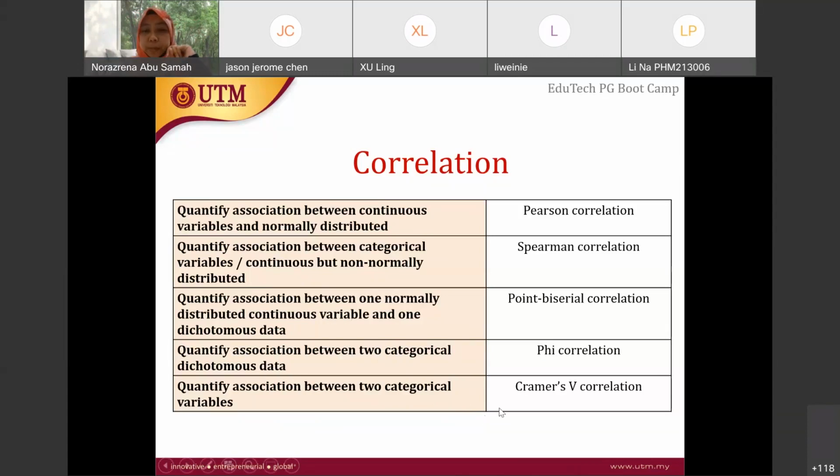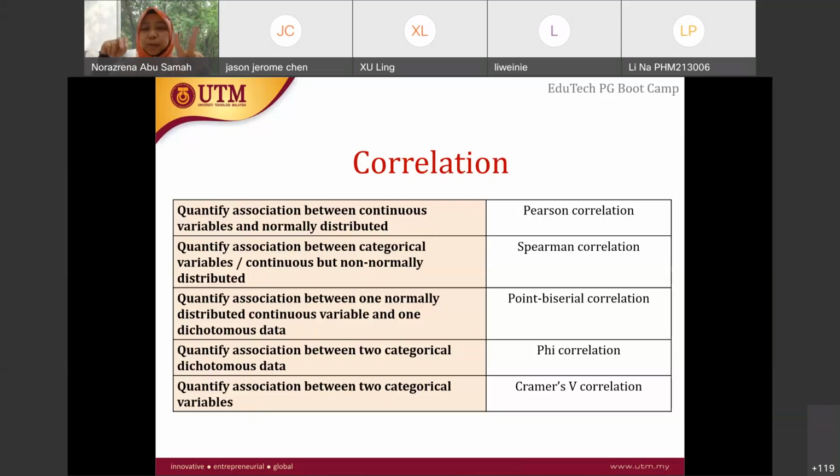For Cramer's V, it is for more than two, let's say 3 by 3. For the race, Malay, Indian, Chinese, and maybe agree, neither, disagree. So 3 by 3. Or 2 by 3, yes, no, and the race. You have 3 races, so 2 by 3.